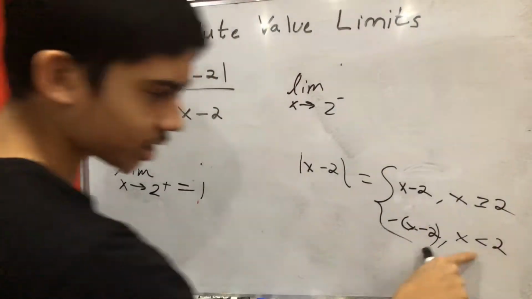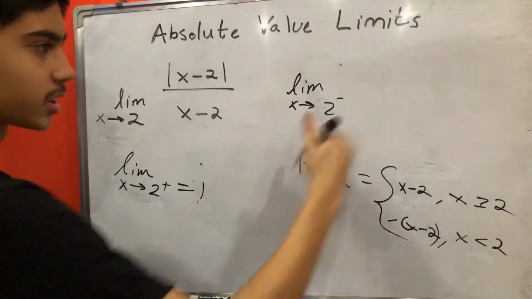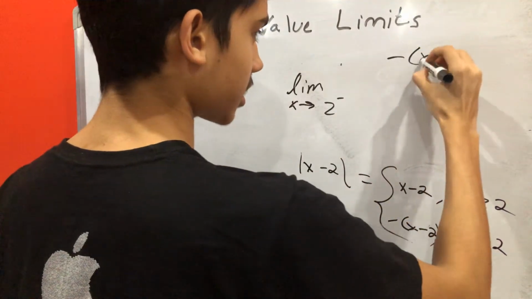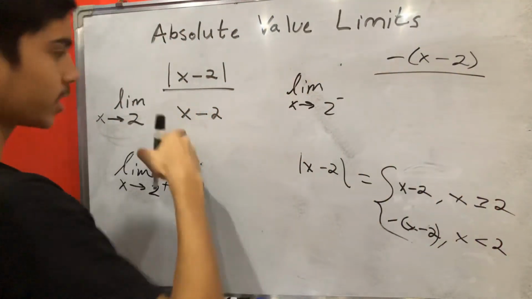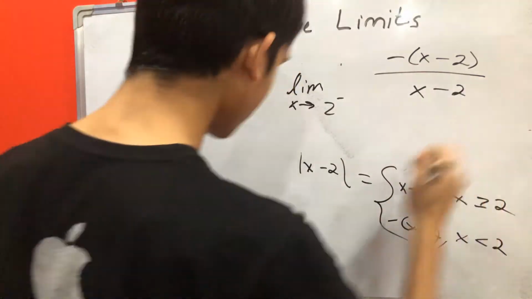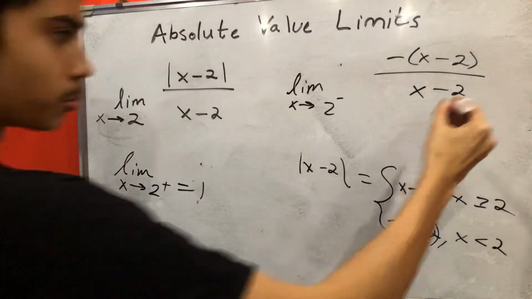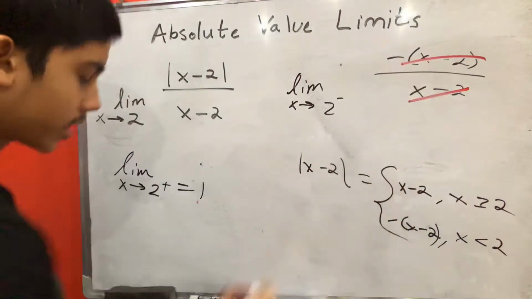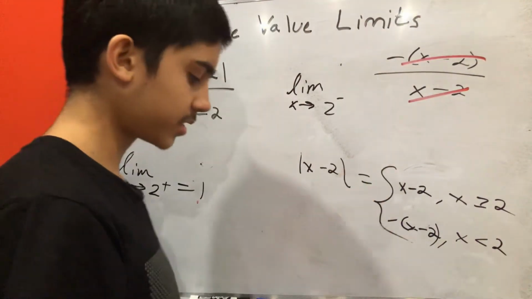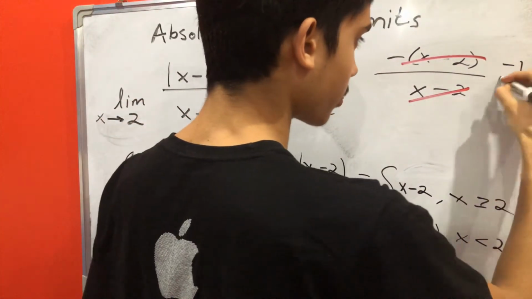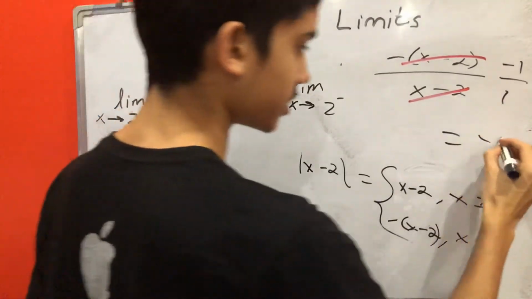So if you're getting just below 2, you're going to use this one. So you plug in x minus 2 over x minus 2. What do we see? Boom, they cancel. And what are we left with? We're left with that negative sign. So it's actually going to become -1 over 1. We know -1 over 1 is just -1.